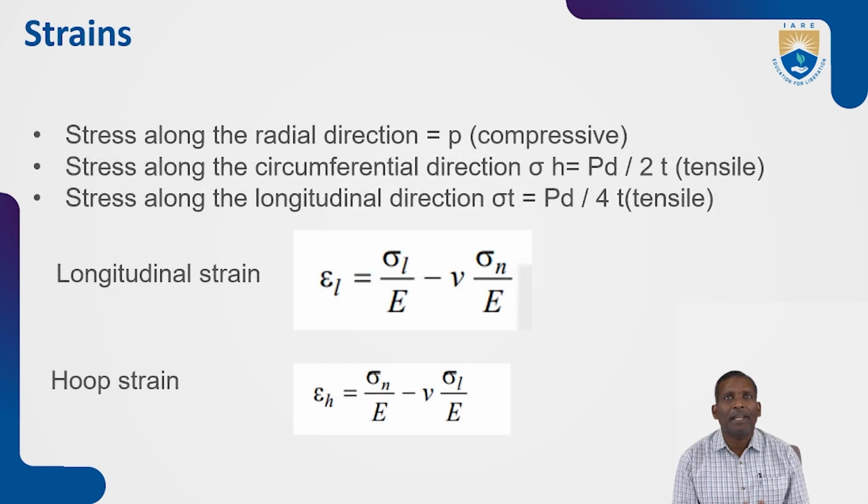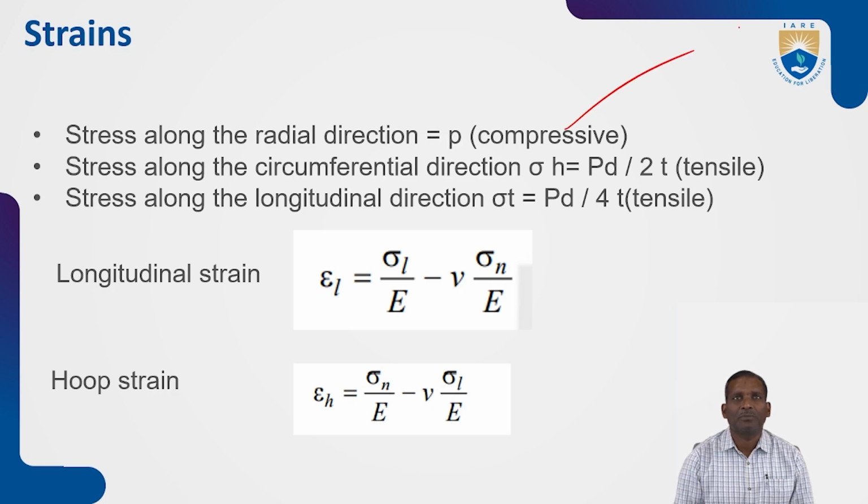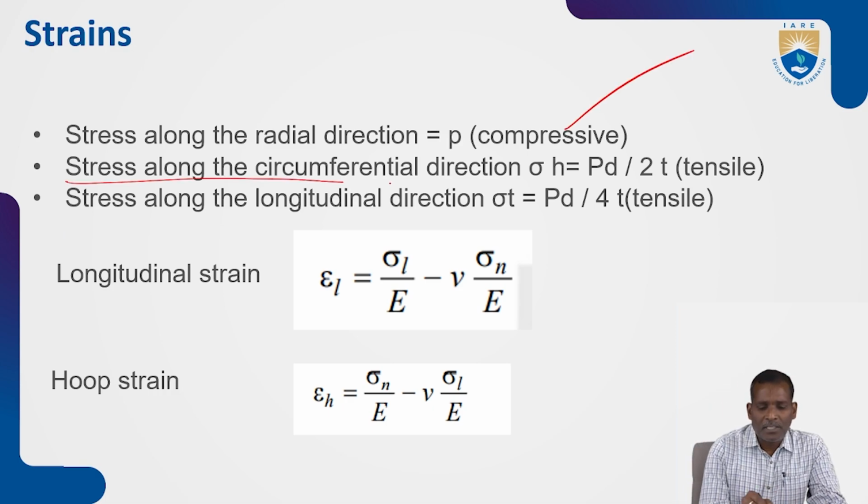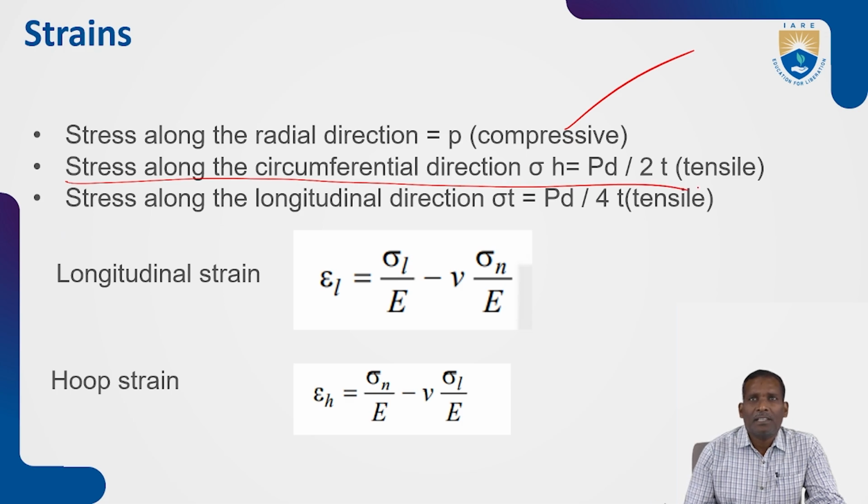Stress along the radial direction, that is compressive. Stress along the circumferential direction, Pd by 2t. We have already derived this; it is the hoop stress.